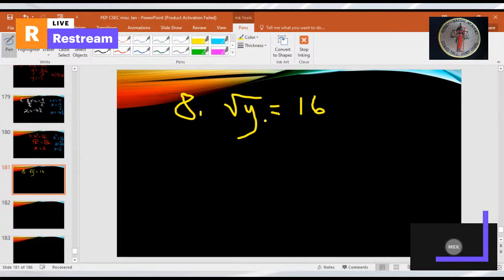So the opposite of square root is square. So to get rid of the square root, we would have to square. So y is equal to 16 squared. And 16 squared is 256.